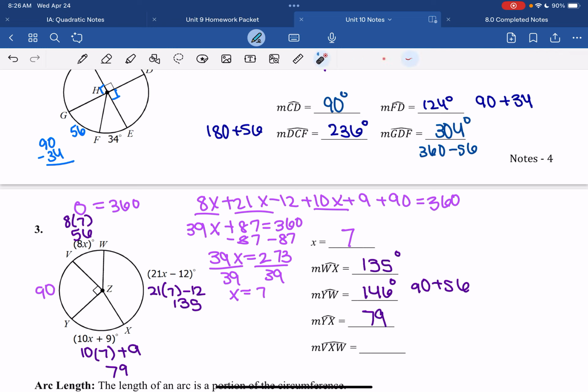Okay, now we got a major arc, so VXW, from V to X to W, so everything but the 56, which we just did on that last one. So it's 304.